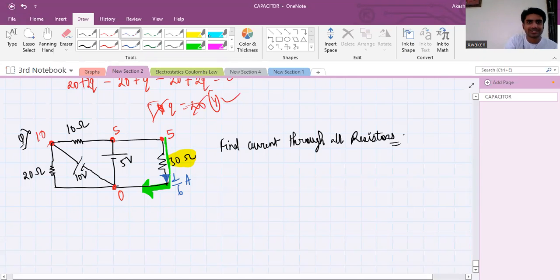Now this 20 ohm resistance, what will be the current and direction? Tell. 1/2 ampere, direction towards the zero, so rightwards. Okay, and through 10 ohm?